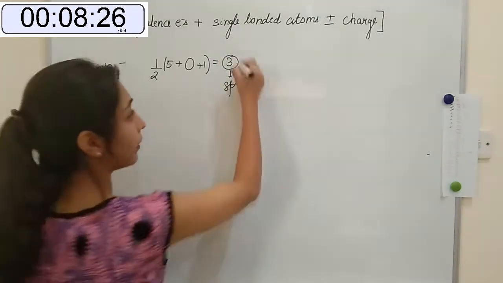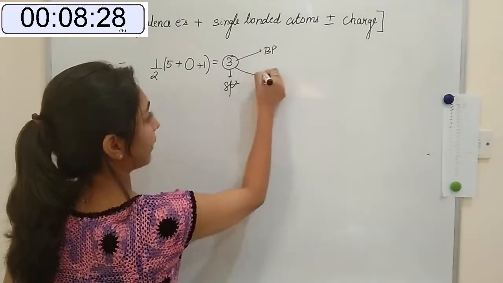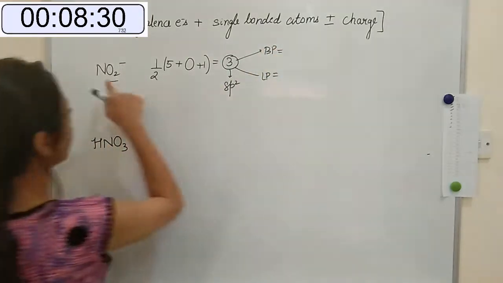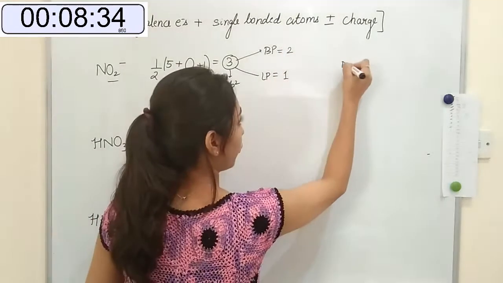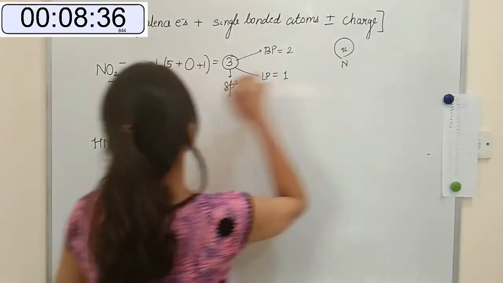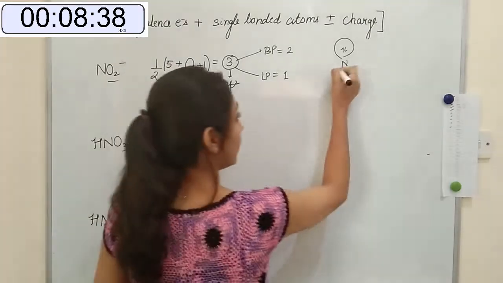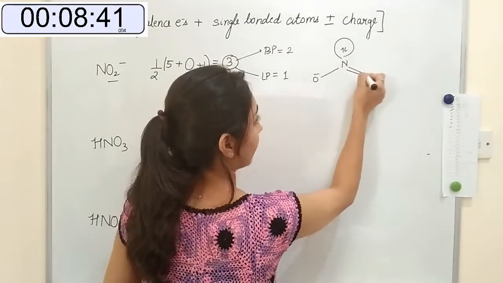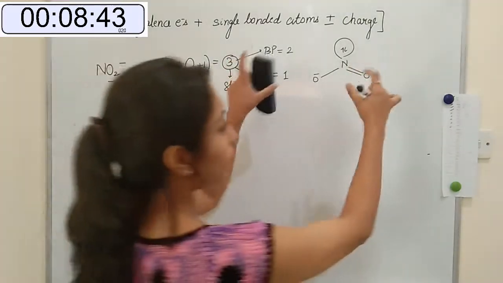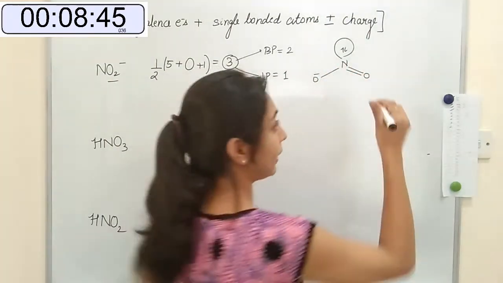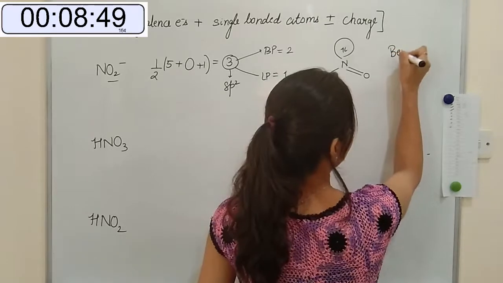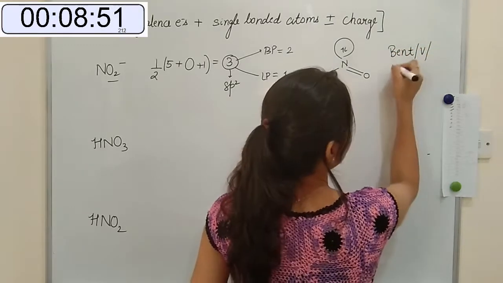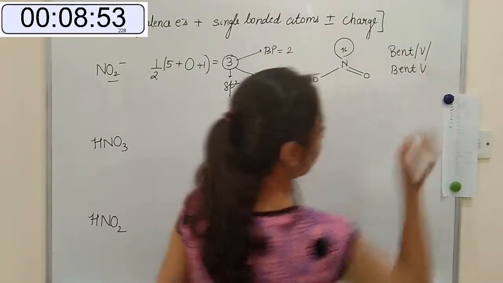How many bond pairs and how many lone pairs? So 2 should be the bond pairs and 1 will be lone pair. So put 1 lone pair here, and one negative is there, so put one negative here and a double bond here. Now if you take a picture, only this thing comes in plane. So only this thing comes in picture. So this is bent or V shape.